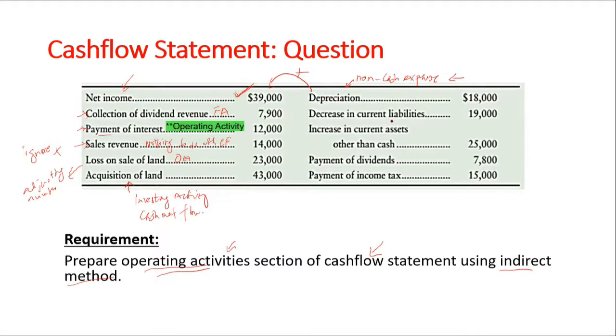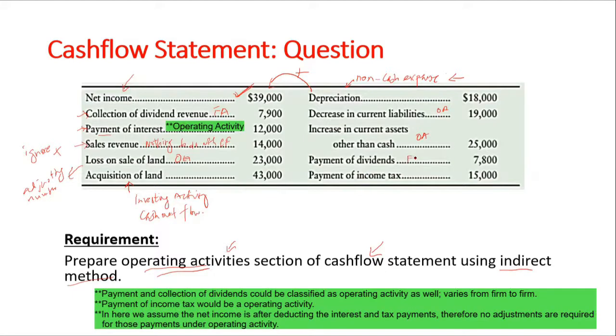Then we have decrease in current liabilities. This number is important for operating activities, and we will see how we will treat this number. Then we have increase in current assets other than cash. This is also important for operating activities, and we will see how we are going to treat this number. Then we have payment of dividends. This is again a financing activity. So you see here it was a collection, and here it is a payment.